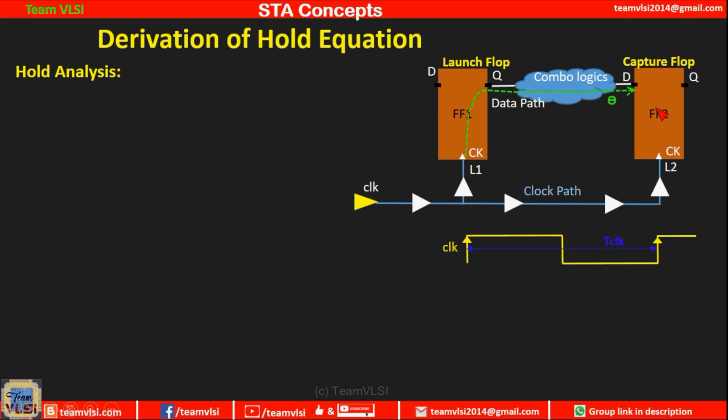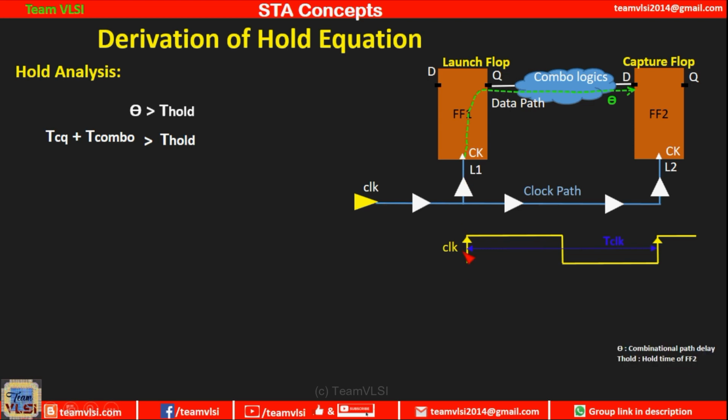Mathematically, we can write that delay should be greater than T_hold, right? We can divide this path into two parts, clock to Q delay and combinational delay. So we can write that T_CQ plus T_combo should be greater than T_hold, where T_combo is the combinational part delay, and T_hold is the hold time of flip flop 2.